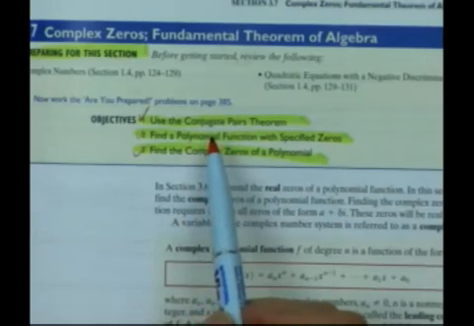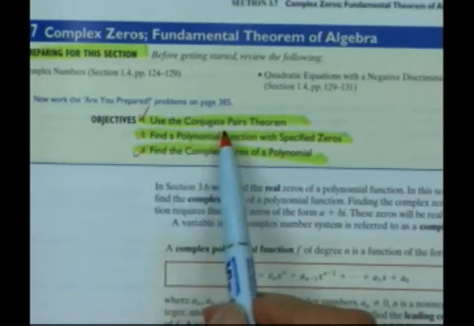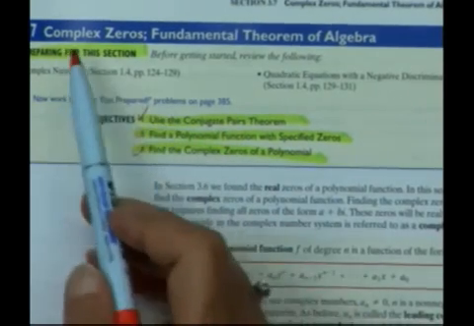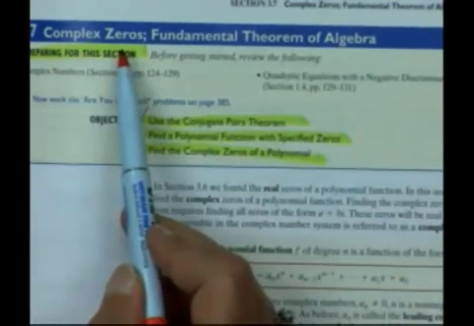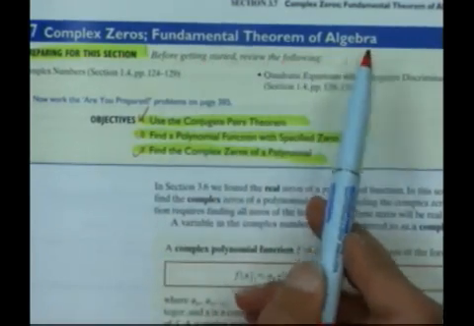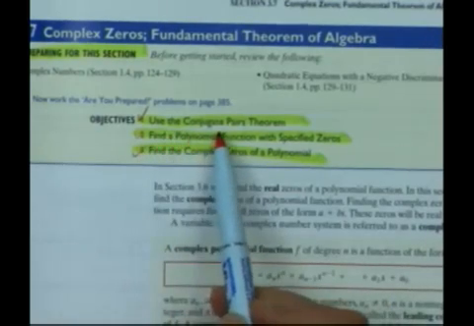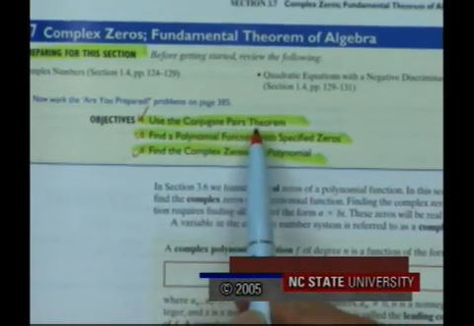Now we want to get into complex zeros. So we're still working with polynomials. We're looking at complex zeros, and then we have another little theorem called the fundamental theorem of algebra. And our objectives here is to use the conjugate pairs theorem.